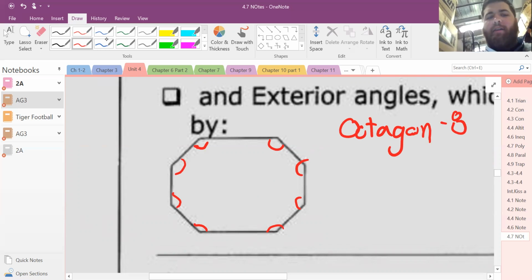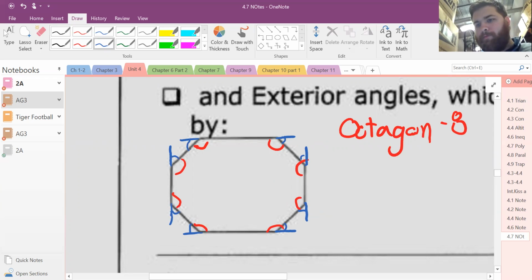Now, what is an exterior angle? I'll do it in blue. If you just draw a line from each vertex, that's going to give you your exterior angles. Here are all my exterior angles. So my interior is in red, my exterior is in blue.